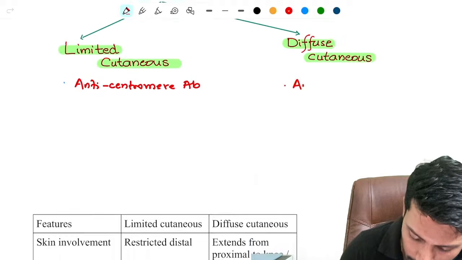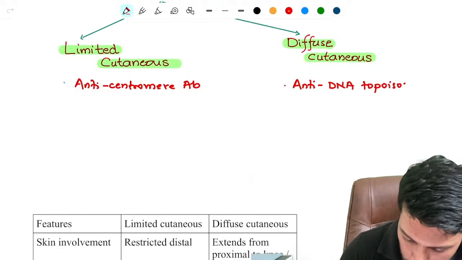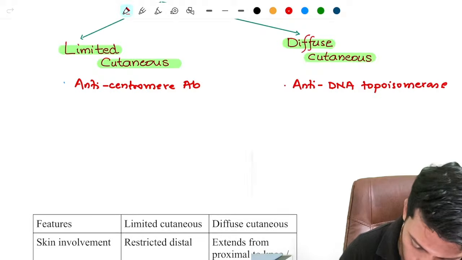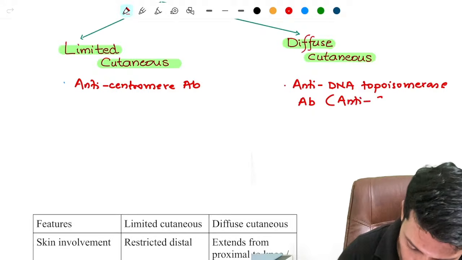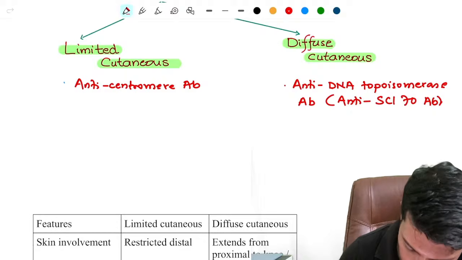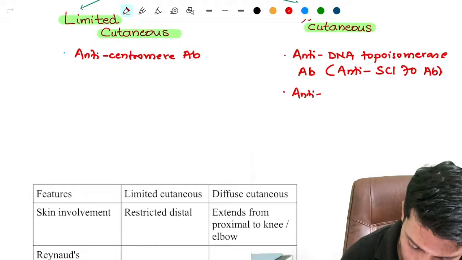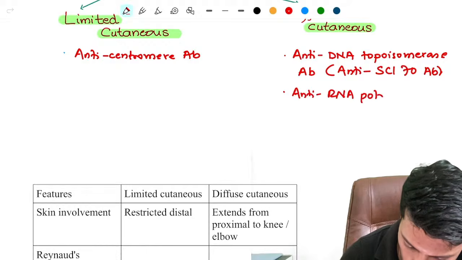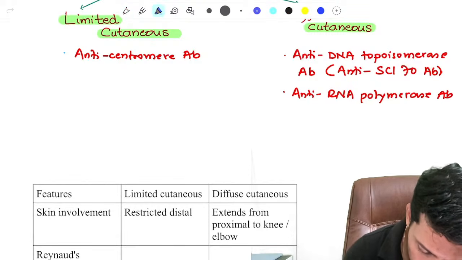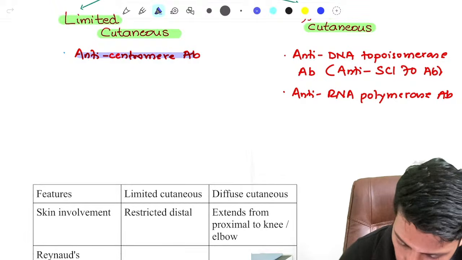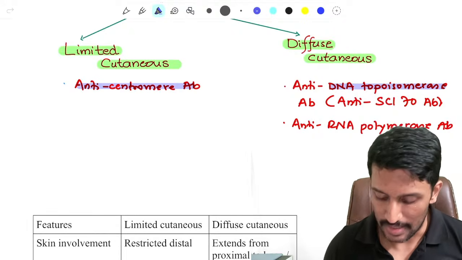And in diffuse cutaneous, we get anti-DNA topoisomerase antibody, which is also called anti-SCL70 antibody. And you can also get one more called anti-RNA polymerase antibody. The most important antibody for limited cutaneous is going to be, that is the only one, anti-centromere, and for diffuse cutaneous it is going to be anti-DNA topoisomerase or anti-SCL70.